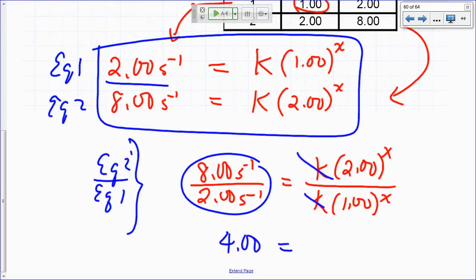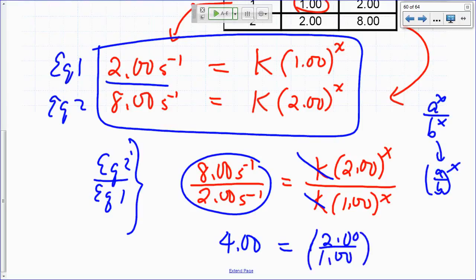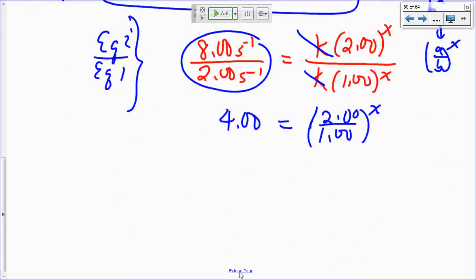K cancels out, right? What is 2 to the x over 1 to the x? What is a to the x over b to the x? That's just a over b to the x. So this is 2.00 over 1.00 raised to the power x. That gives you 4.00 equals 2.00 raised to the power x.